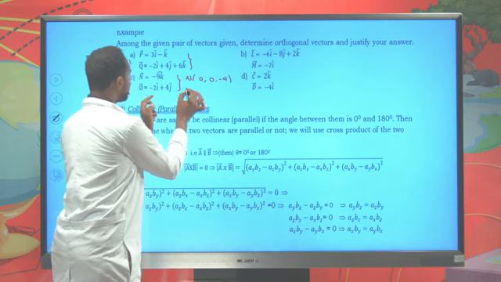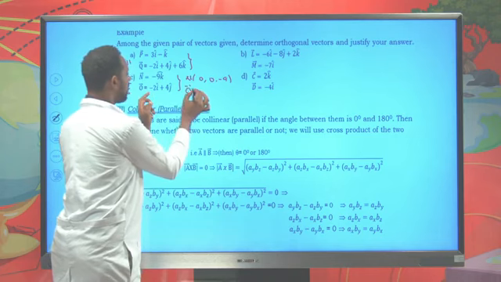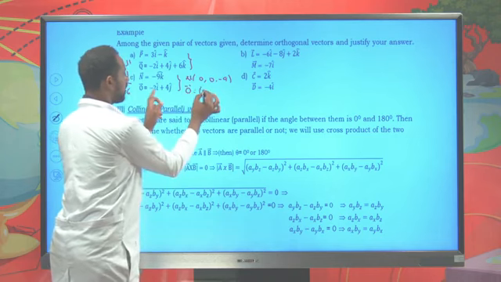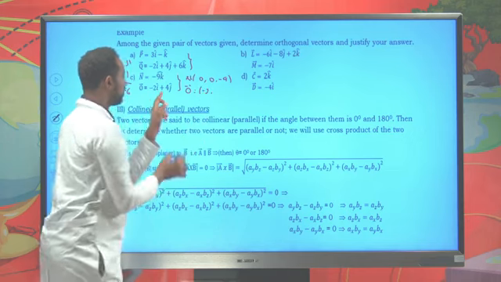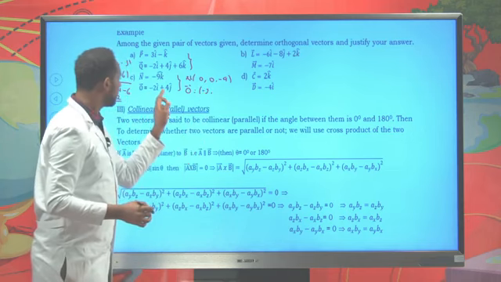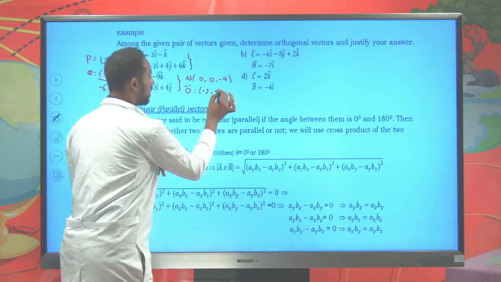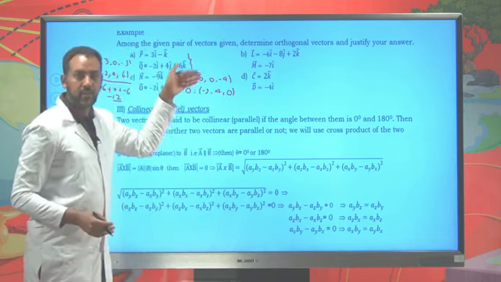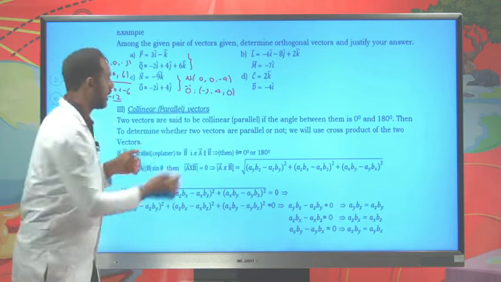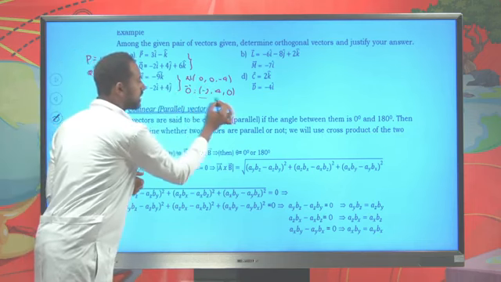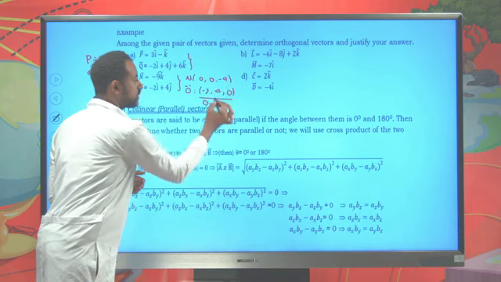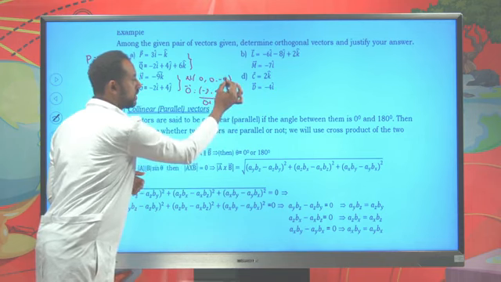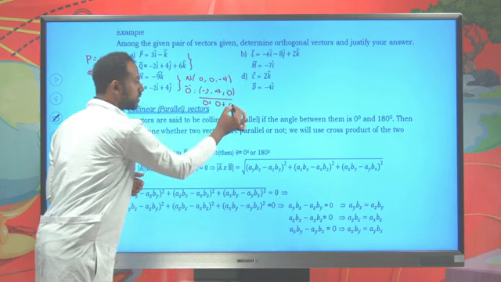And here we have vector O. The components of vector O are -2 as the I component, the j component is 4, and we don't have the z component. Now let's multiply I with I, j with j, k with k. So 0 times -2 gives us 0. 0 times 4 gives us 0. We have to add these. And at last, when you multiply 0 by 9, it also gives us 0.